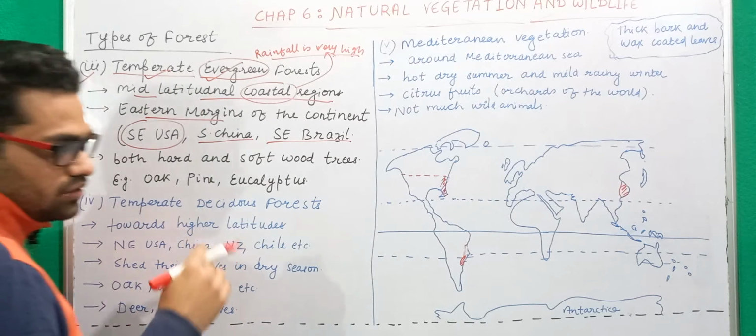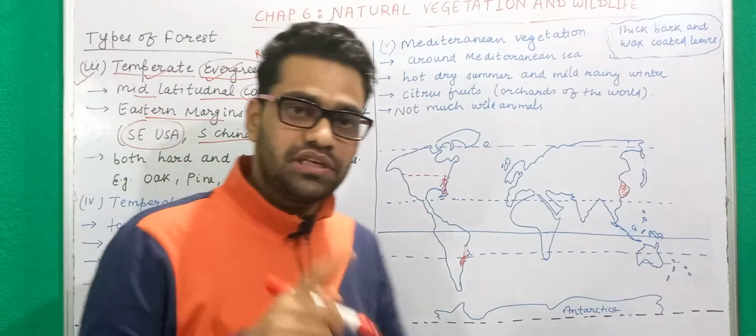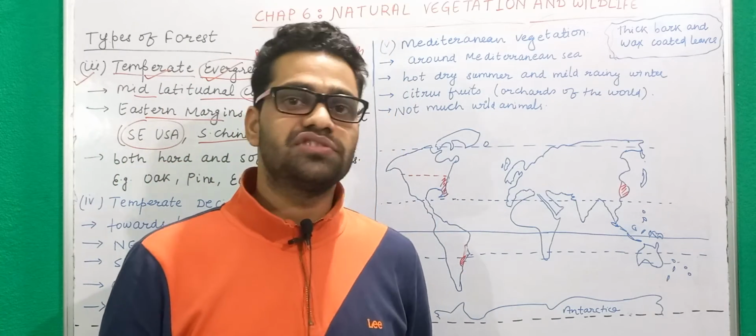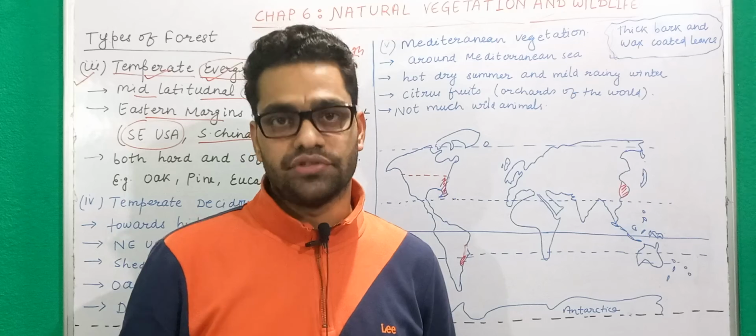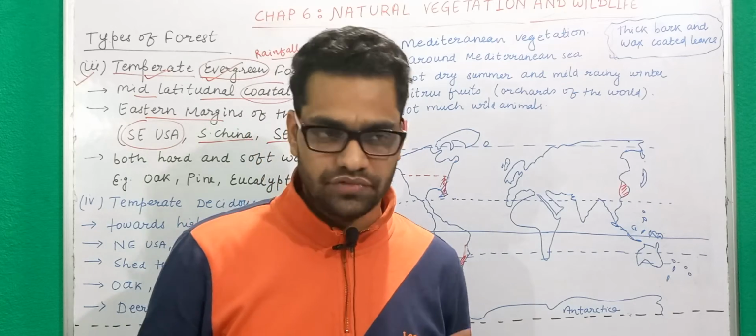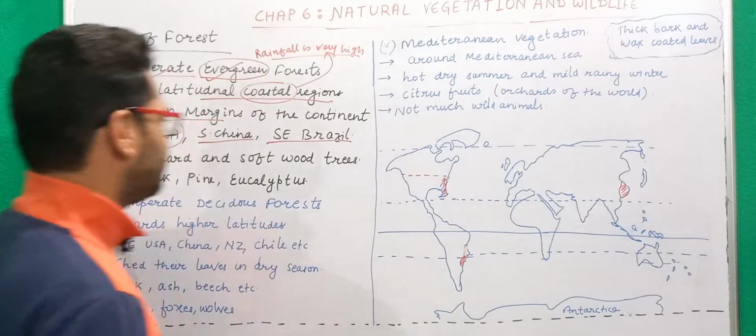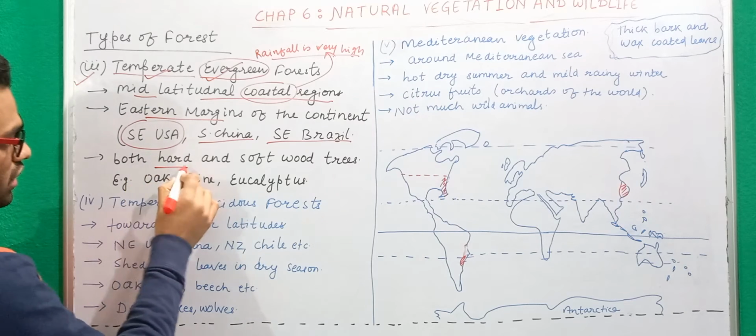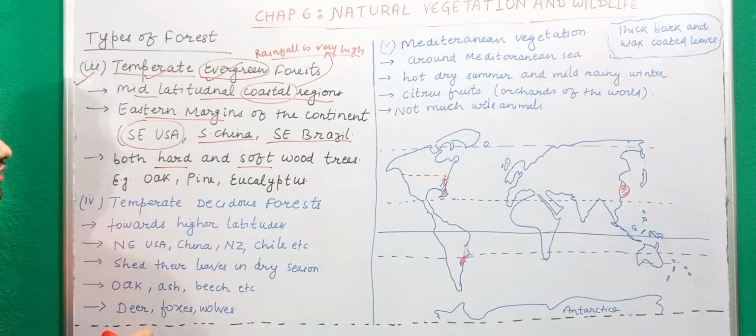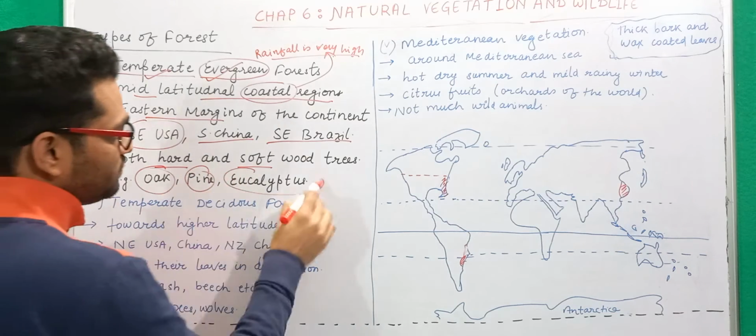Now the speciality of tropical evergreen forests was the presence of hardwood trees, ebony and mahogany. We have seen this, but in this type of forest you will find both hard and softwood trees. For example, you will find oak, pine and eucalyptus.